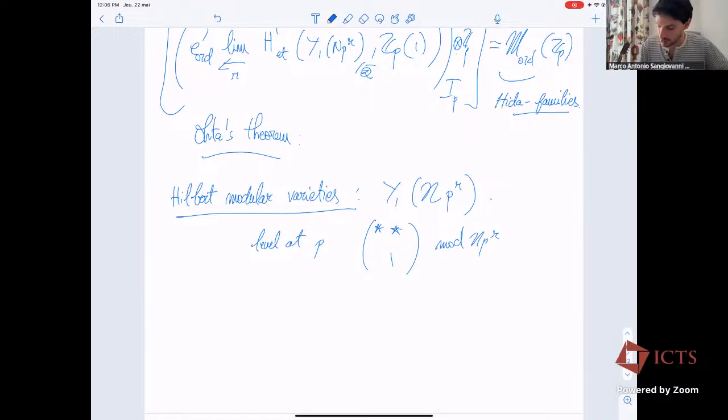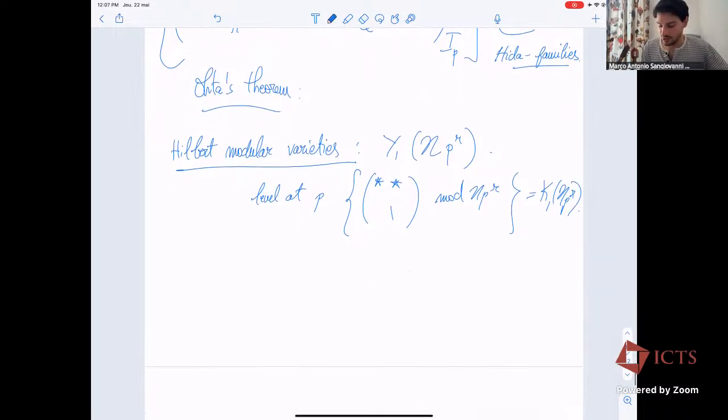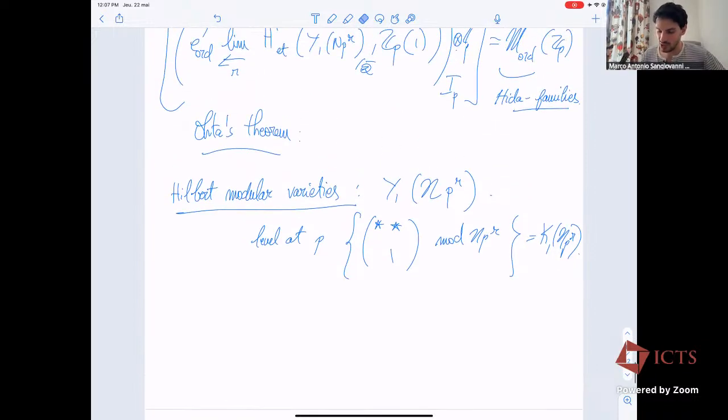So this is χ_1 and p^r. Okay, so as was stressed by Thilouine in his first talk, if you put a 1 here, you would consider nearly ordinary families. But I really want ordinary families because I want to take inertia coinvariance.